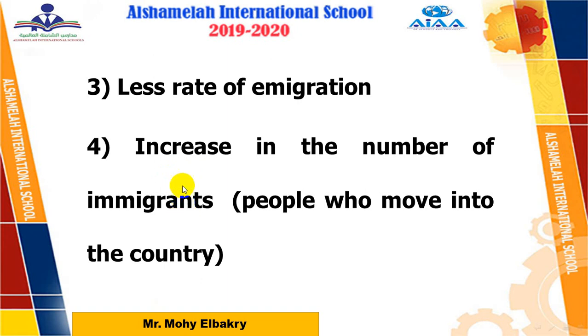Understood? So number 3, less immigration, means people of the same place don't leave the country or the place. Number 4, a lot of people come and live in this place. Understood? Excellent.